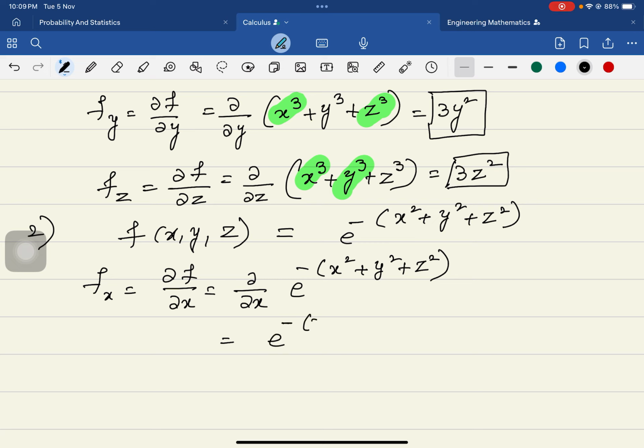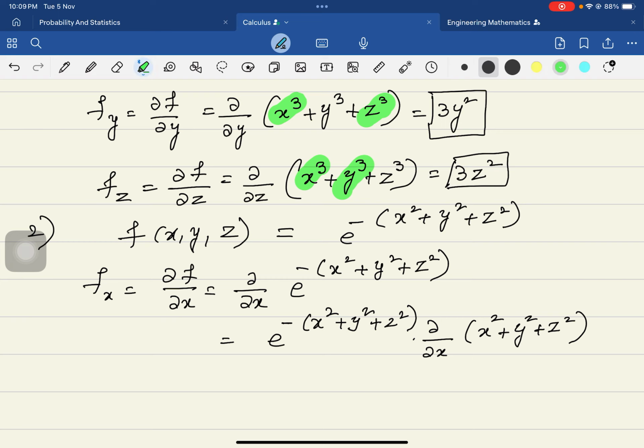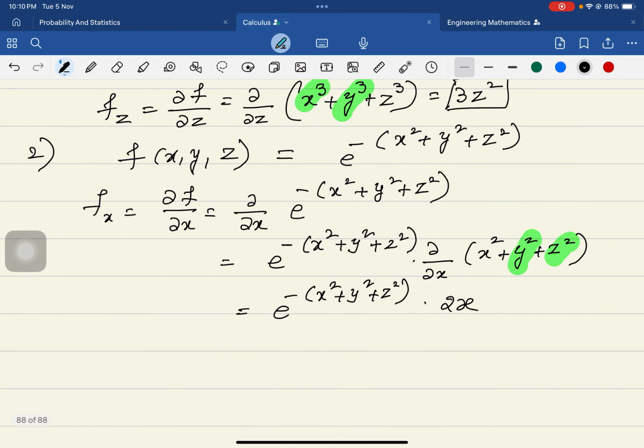So it is e raised to minus of x square plus y square plus z square times dou by dou x of the inside function, which is x square plus y square plus z square. You are differentiating with respect to x, right? So y square and z square are constants, and now this gives you e raised to minus of x square plus y square plus z square times the derivative of x square, which is 2x. So this is your function.